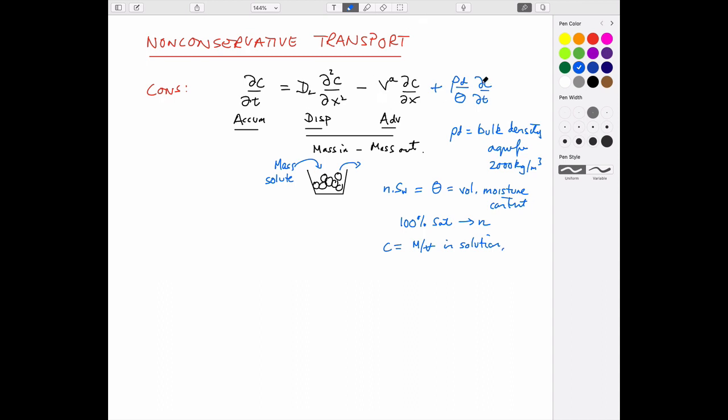So this is written homogeneously in terms of that. However, I lied. This term here, this concentration here, is in terms of the mass that's present on the solid. So C star is the concentration on the solid.